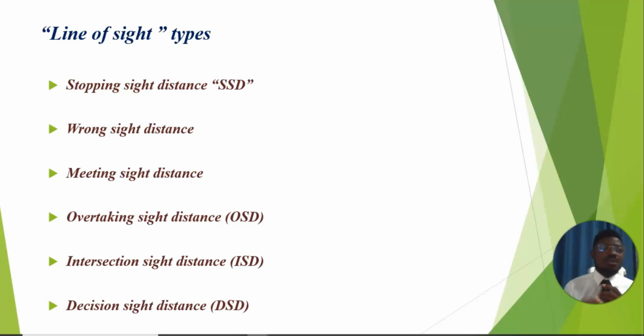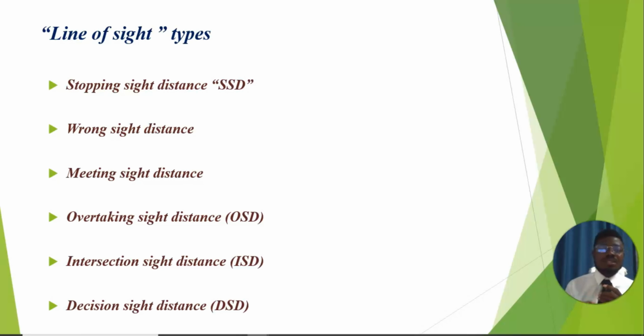So the ability for you to detect and recognize, select, and initiate, and to decide on what to do. In some cases, the decision making process is just in a split of a second. So it's something that has to be done very fast. That is what decision side distance is all about.